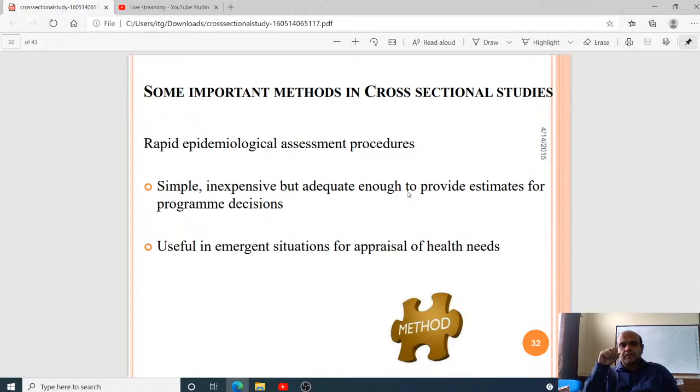Some important methods in cross-sectional studies are rapid epidemiological assessment procedures. They are simple, inexpensive, but adequate enough to provide estimates for programmatic decisions. It's useful in emergent situations for appraisals of health needs.